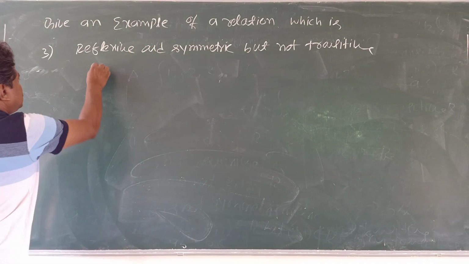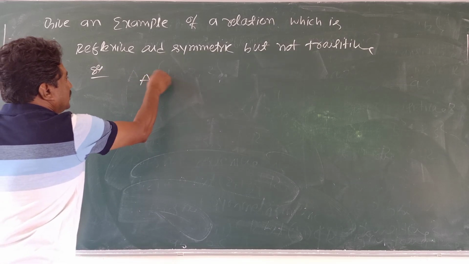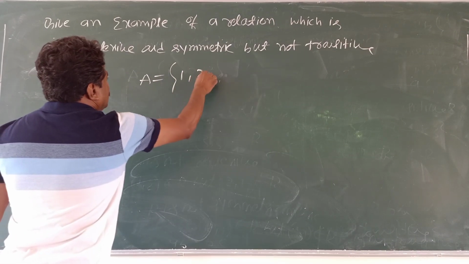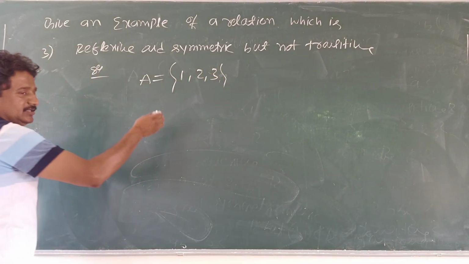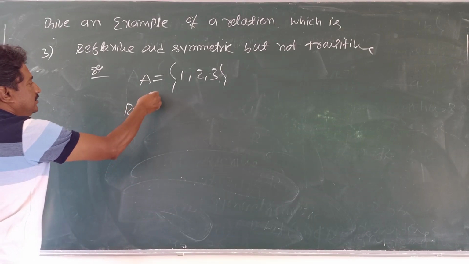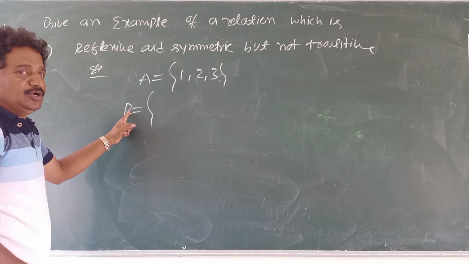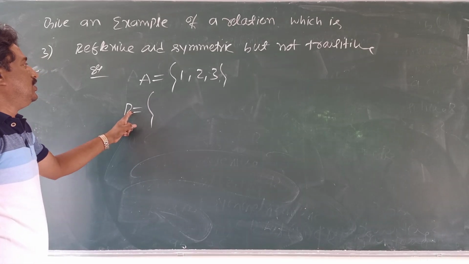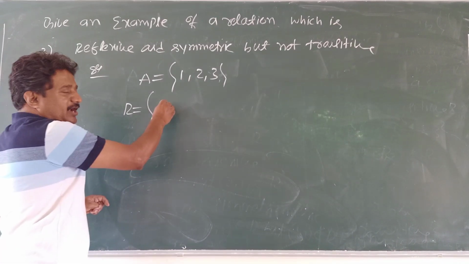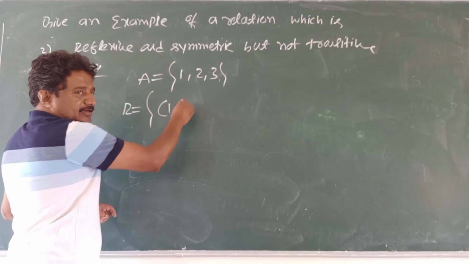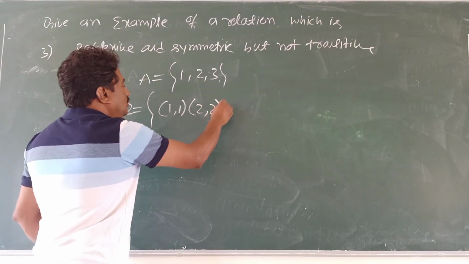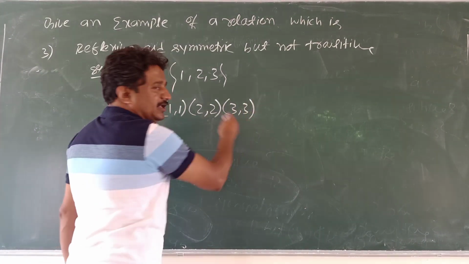First you write set A: 1, 2, 3. You also write the reflexive relation. It should become reflexive. To make it reflexive, I should add (1, 1), (2, 2), (3, 3).